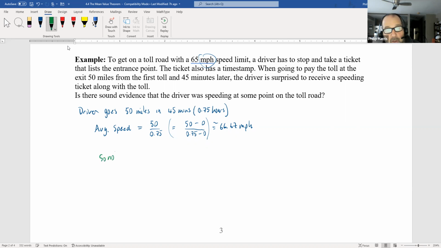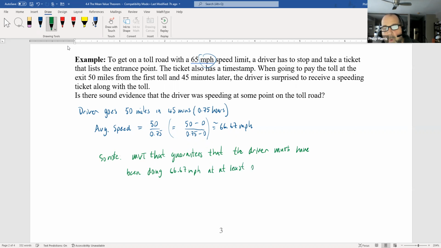So note that it is the mean value theorem in math that guarantees that the driver must have been doing 66.67 miles per hour at least one moment during the drive.